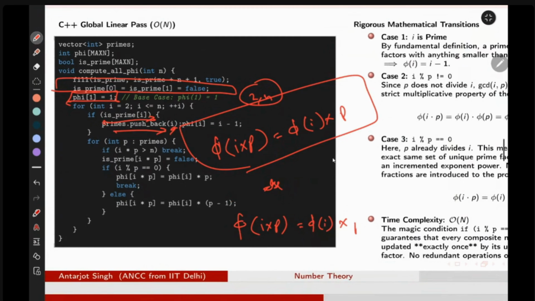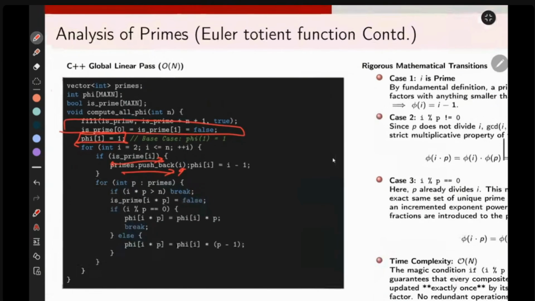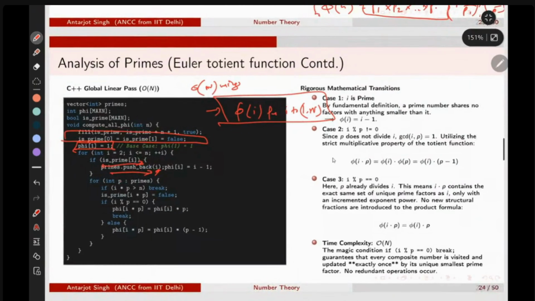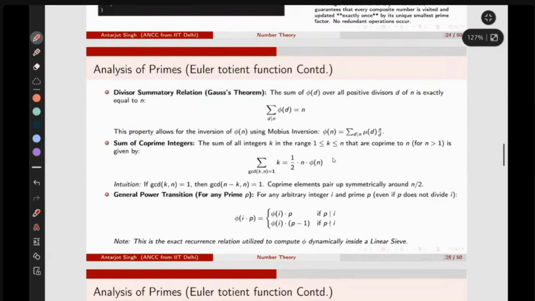Phi of p is p minus 1. We just use these things here. So in big O of n, using linear sieve, we find out the count phi of i for i from 1 to n. Yes. So I think that is enough for today.